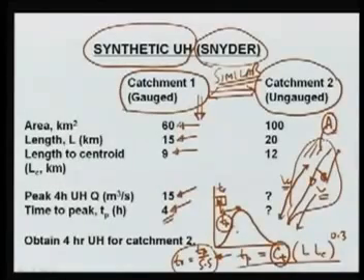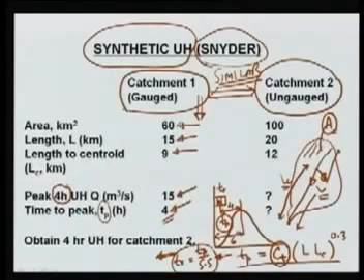So TP is 4 hours from here and 6 hours from the time 0 of the starting of the rainfall. So TP in this case is 4, and the duration of the rain is 4 hours. So we can see that TR and TP do not satisfy this relationship. So this 4 hour is therefore not a standard duration as far as Snyder's definition is concerned.